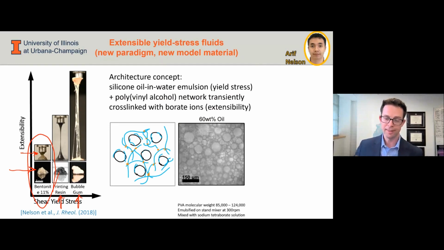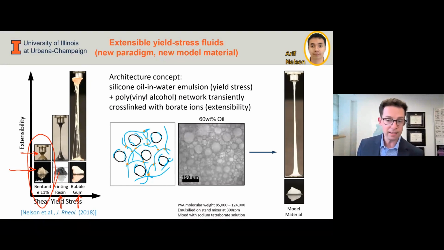He used his design framing that I talked about, considering lots of different possible ways to achieve the yield stress, many different possible ways to achieve the extensional thickening. In this case, he's using a transient network of something that's not a very large molecular weight. It's about 100,000. Usually we think about millions of molecular weight for things that show obvious extensional thickening. And he was able to achieve a range of properties that was relevant to these real materials.